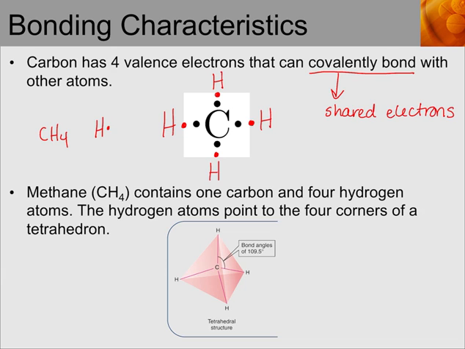So they're actually going to arrange themselves so that they have an angle of 109.5 degrees between each of them. So down below, you can see that they're going to point to the four corners of a tetrahedron. And again, that's really just to maximize the distance between each of those electron groups, the hydrogen atoms.